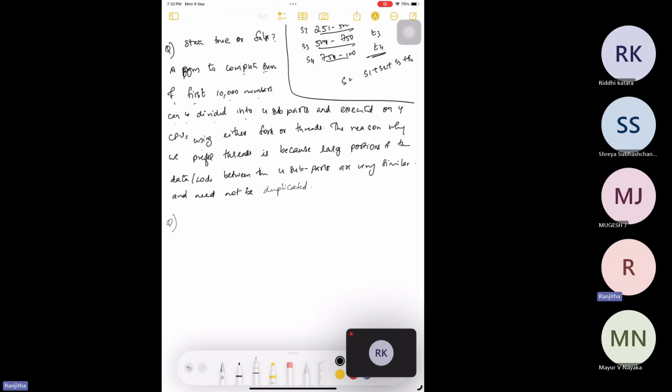The reason why we prefer threads is because large portions of the data between the 4 subparts are very similar and need not be duplicated. Is it true or false?